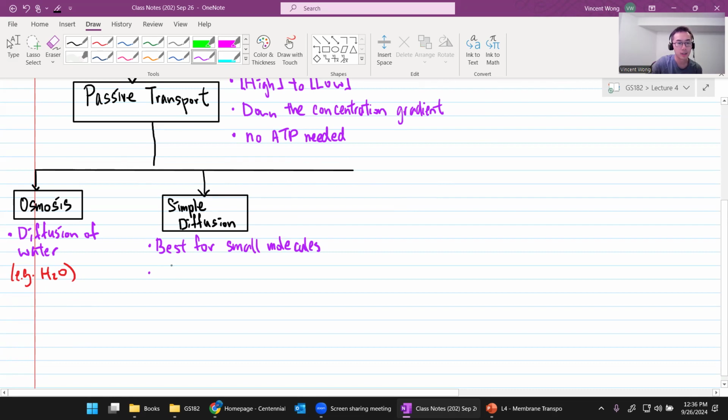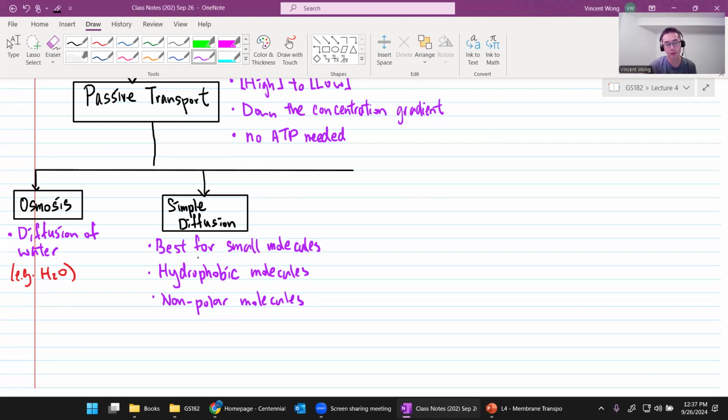It's good for hydrophobic or nonpolar molecules. If it's hydrophobic and nonpolar, they're able to cross the phospholipid bilayer easily.